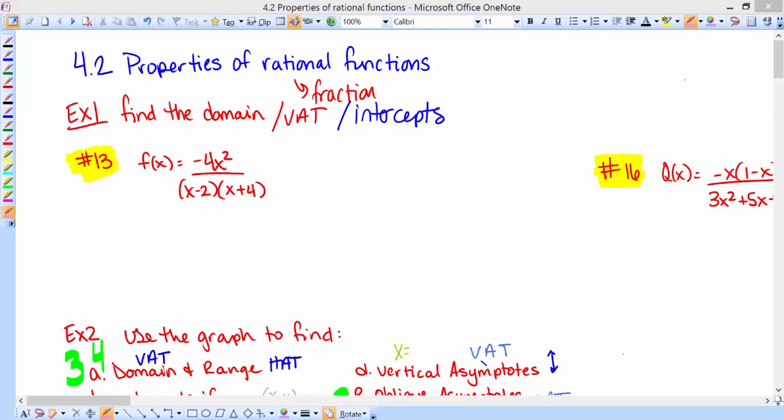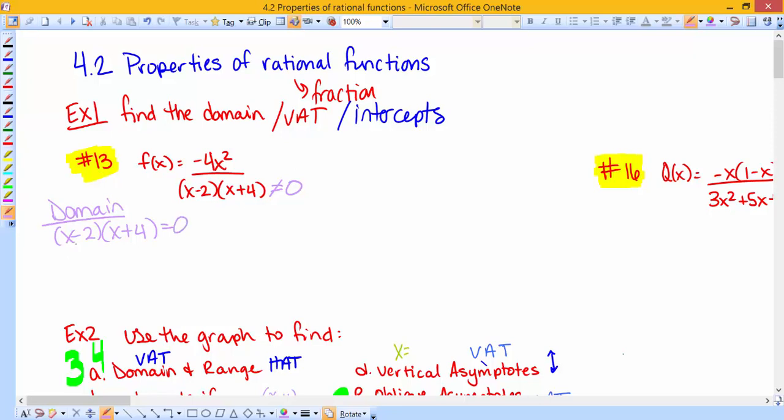What values are x allowed to be? And in a rational function, your domain is going to be centered around the denominator. Your denominator cannot equal 0. So we need to find what values make this undefined. So for my domain, I'm going to take my denominator and I'm going to set it equal to 0.